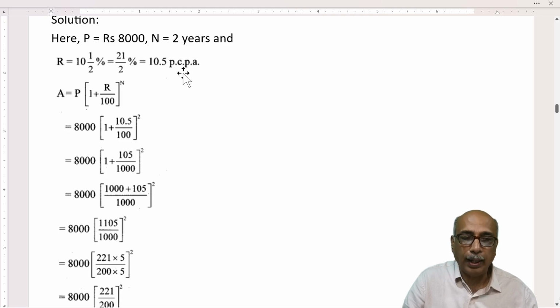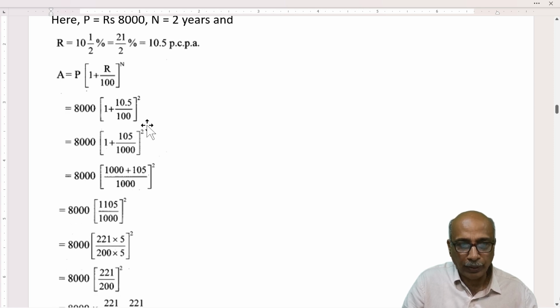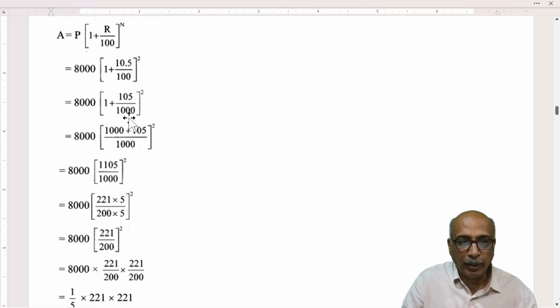So A equals P into (1 plus R upon 100) raised to power N, equals 8,000 into (1 plus 10.5 upon 100) whole square. So remove this decimal point, add a 0 in the denominator, so it becomes 1 plus 105 upon 1000 raised to power 2.